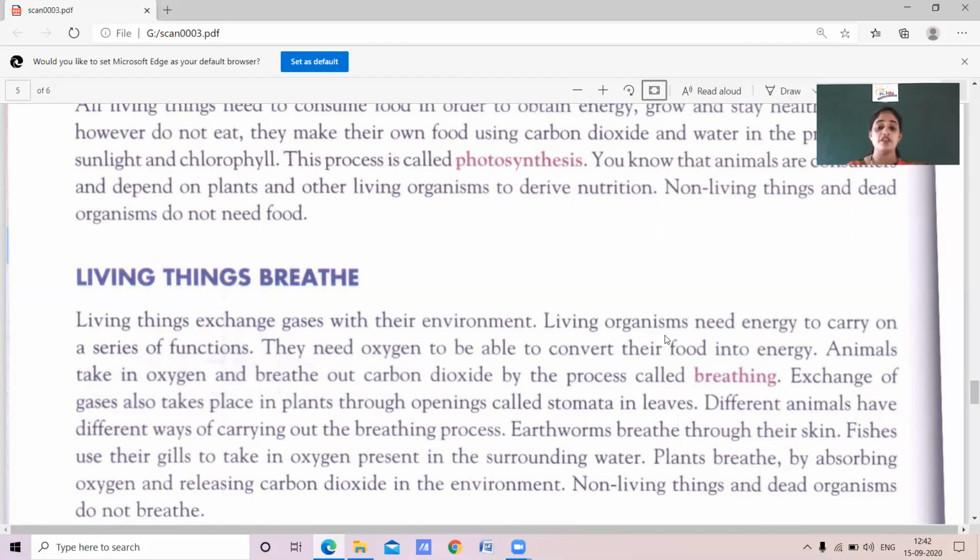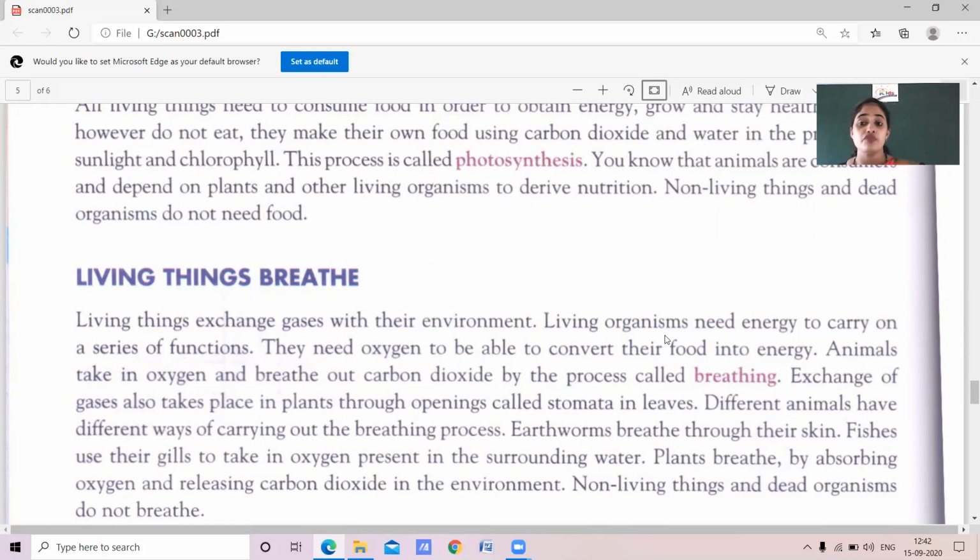Living organisms need energy to carry on a series of functions. Even for breathing we need energy. So they need oxygen to be able to convert their food into energy.